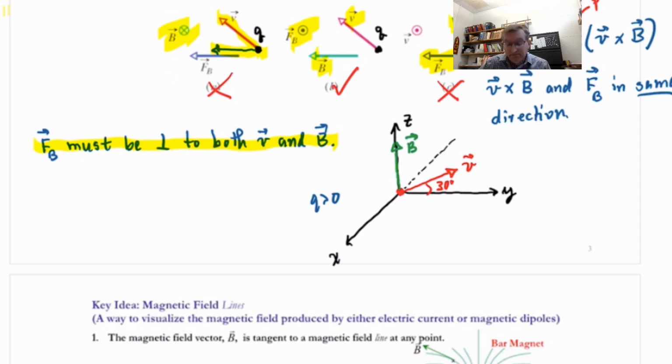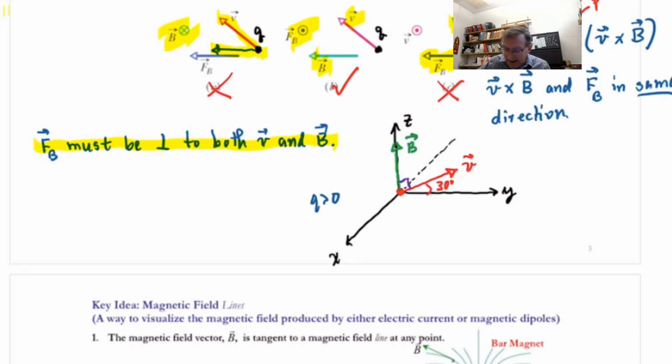All right. Notice the angle between V and B is 90, right? V is in the xy plane, B is along Z. That's a 90-degree angle. That's okay. But the magnetic force has got to be perpendicular to both the V and the B. Note that V and B form a mathematical plane. Any two vectors form a mathematical plane.